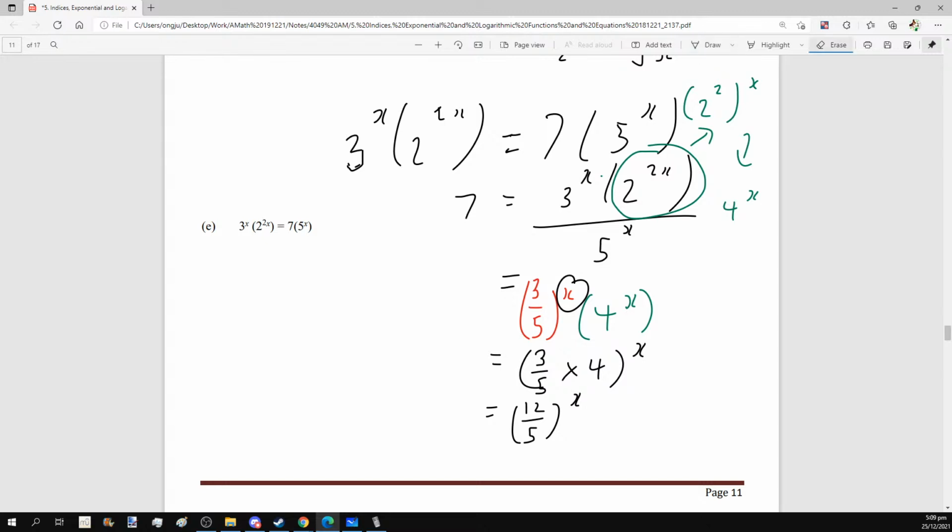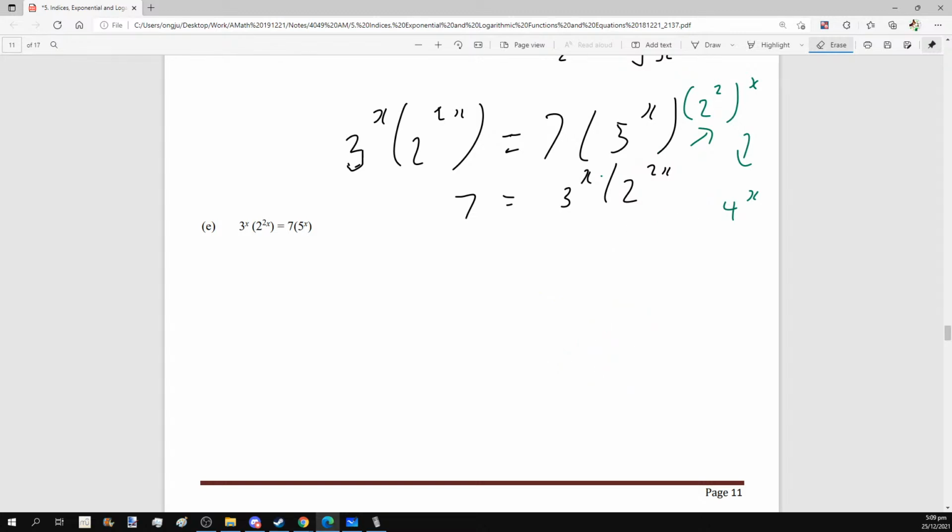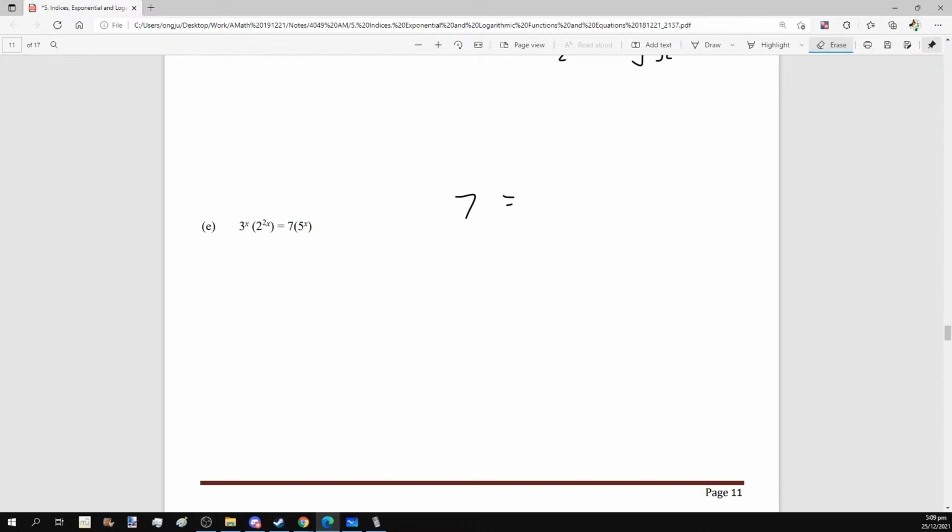Now this is very beautiful actually, because from here we get a dramatically simplified math problem. So the 12 over 5 to the power of x is equal to 7. So we shall simply change the math problem into 12 over 5 entire thing to the power of x equals 7.